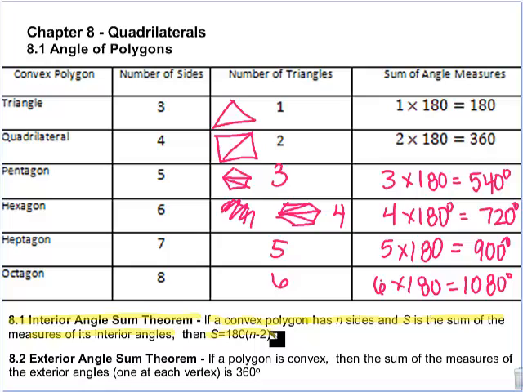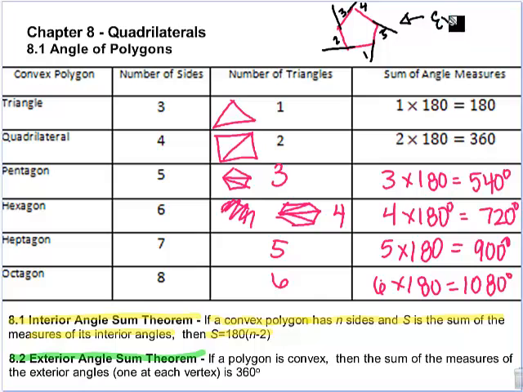And then there's one other theorem we need to talk about today, and that is the exterior angle sum theorem. Exterior angle, where do you think those would happen? The outside. So, for example, I'll draw a pentagon because I'm best at drawing pentagons. If I took this, I would extend each line like this, and I would have 5 exterior angles.